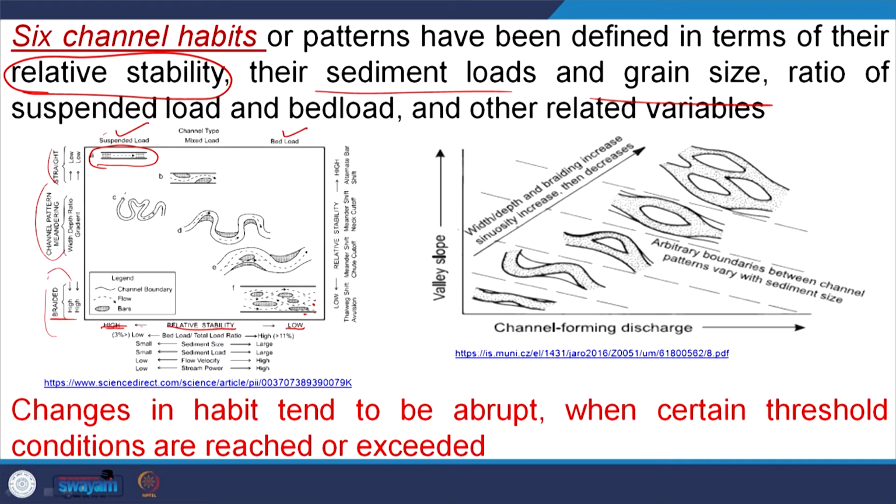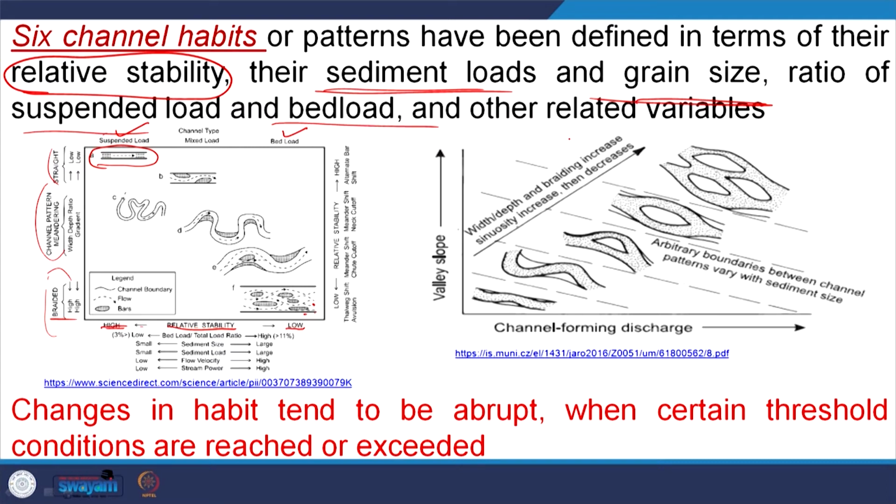Coming further downward, changes in habit tend to be abrupt when certain threshold conditions are reached or exceeded. Whatever parameters we have taken, sediment load, grain size, ratio of suspended to bed load, there is some limit.